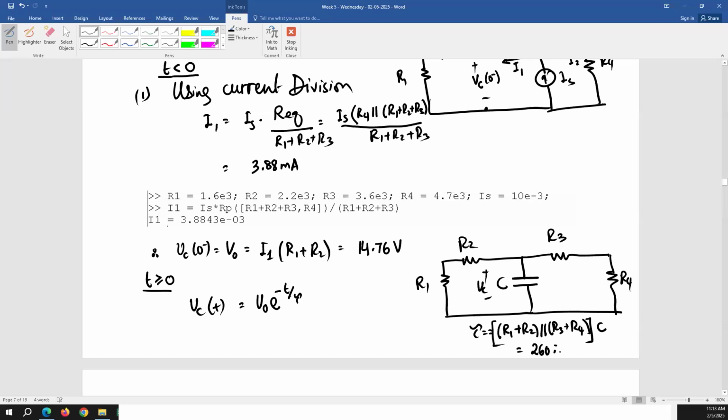So the expression for VC is going to be 14.76 e to the power negative t over 0.26 volt. That's the result of part number 1.